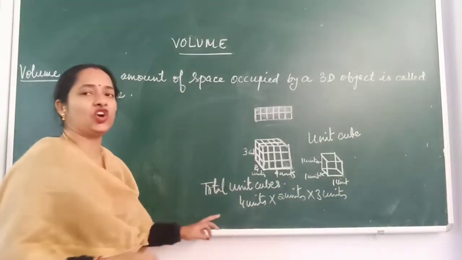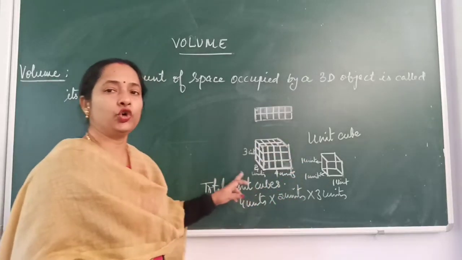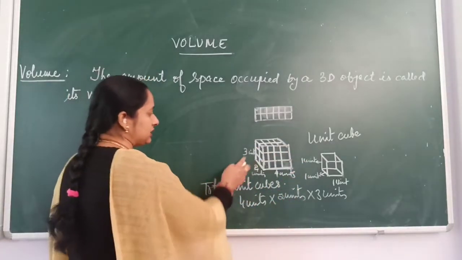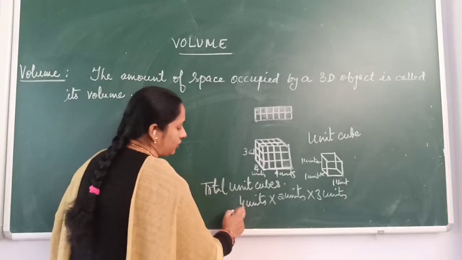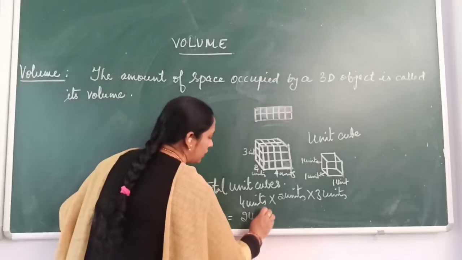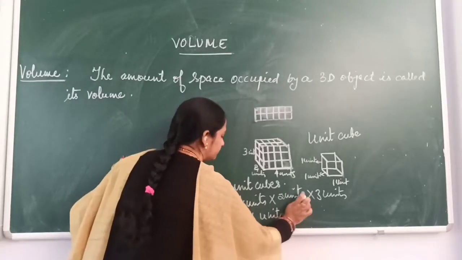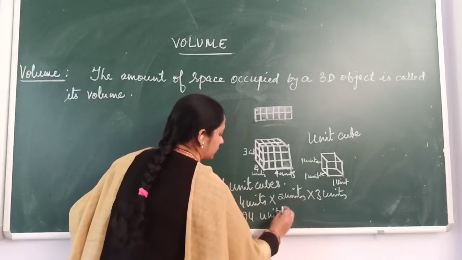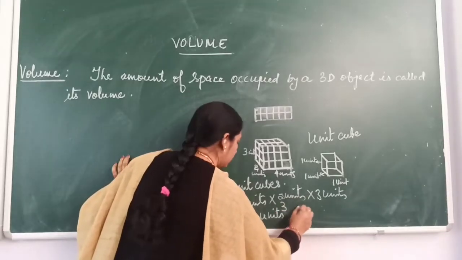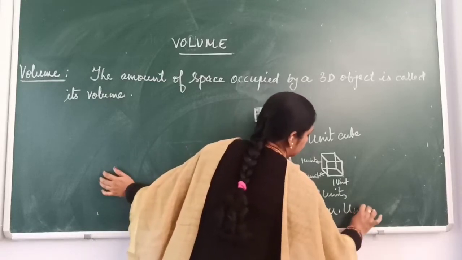By multiplying all these 3 you will get the total number of unit cubes present in this cuboid. So 4 2s are 8, 8 3s are 24 unit cubes, or you can write it as 24 cubic units.